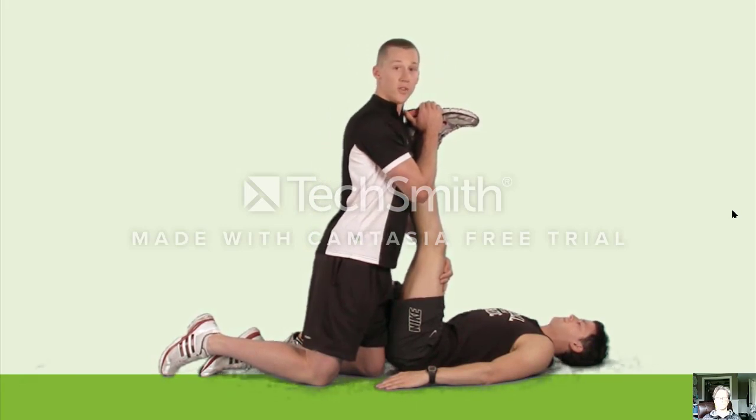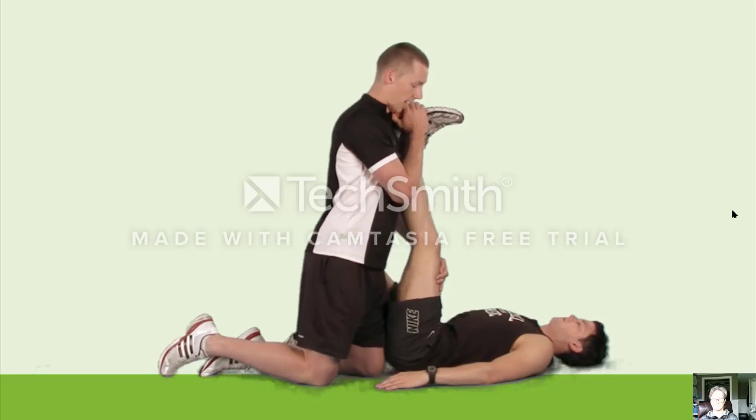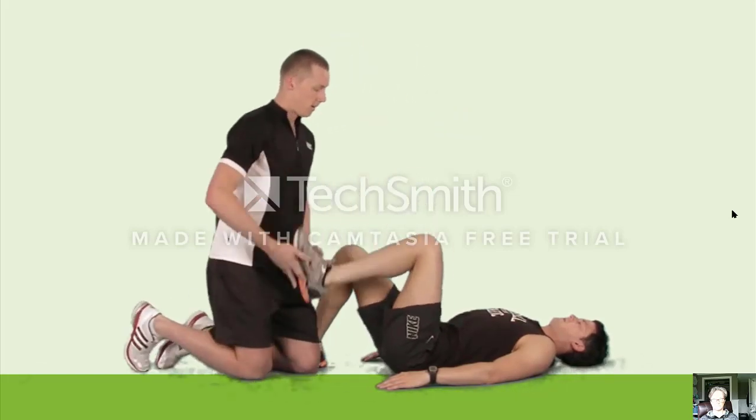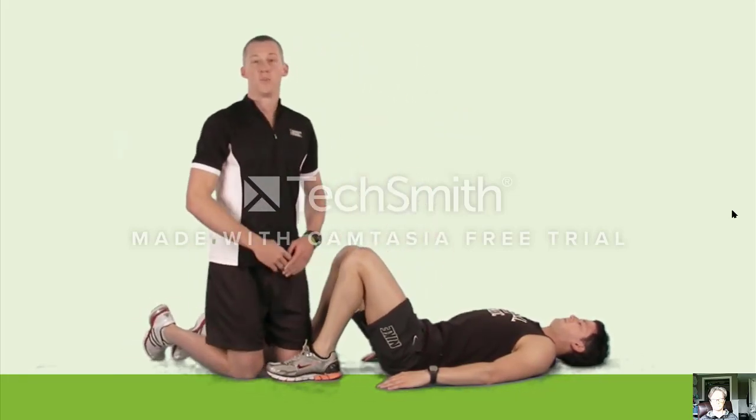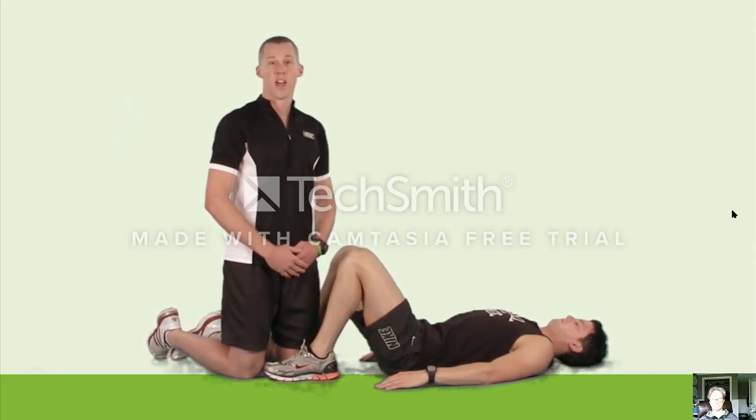We're going to hold this stretch for another 10 to 15 seconds. 14, 15 and relax. Once you have completed this particular technique once, ask your client to relax for a couple of seconds and then you can repeat it 2 to 3 times.